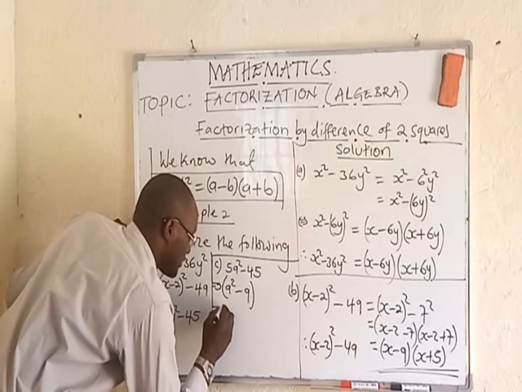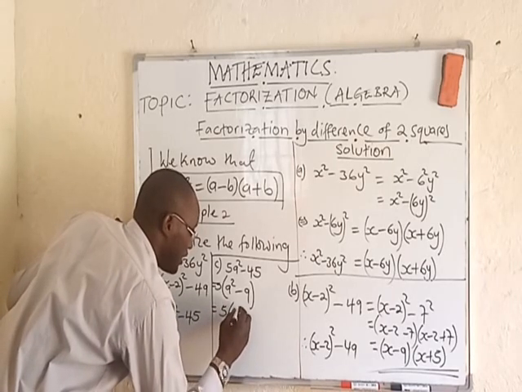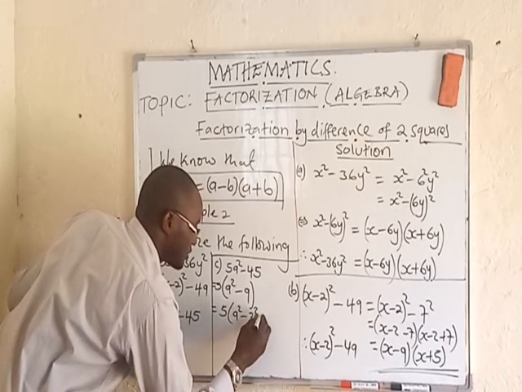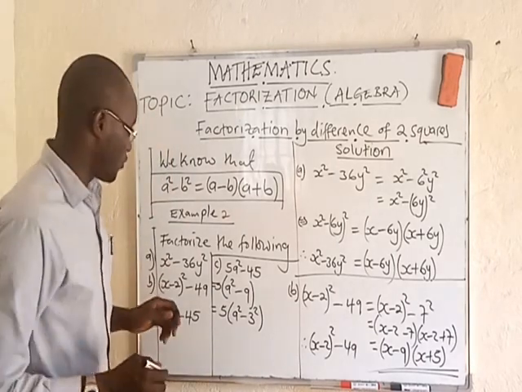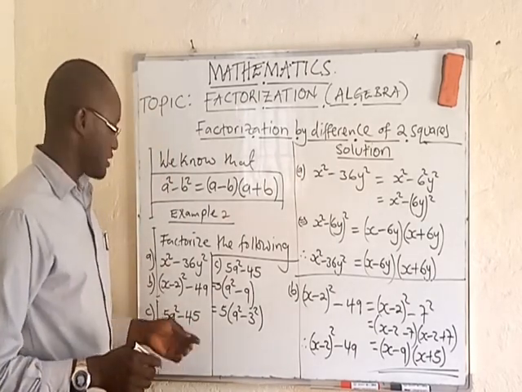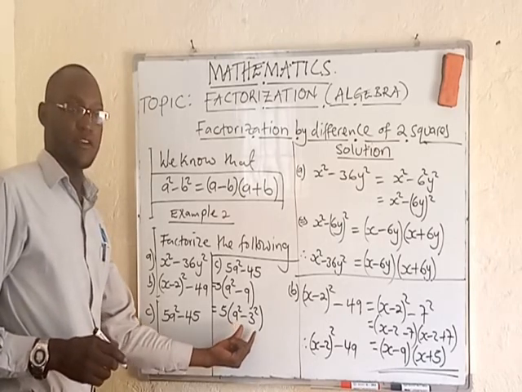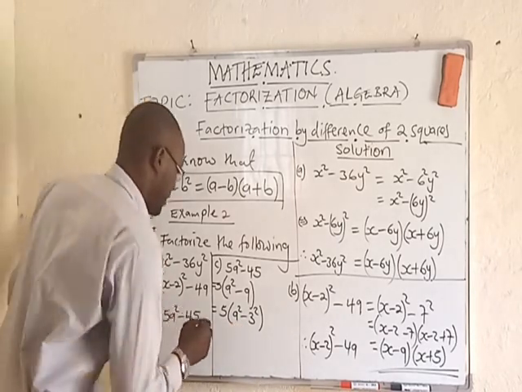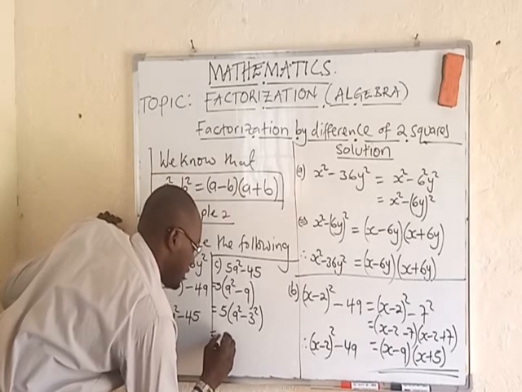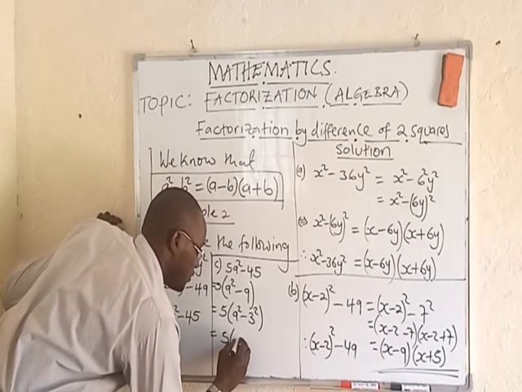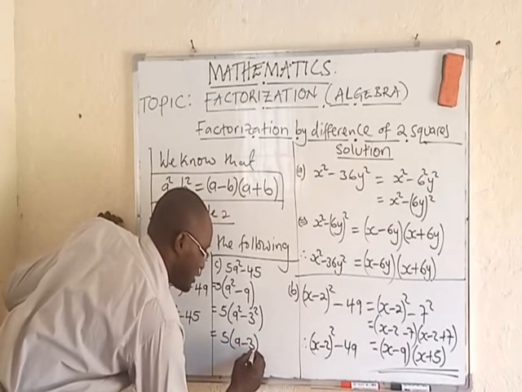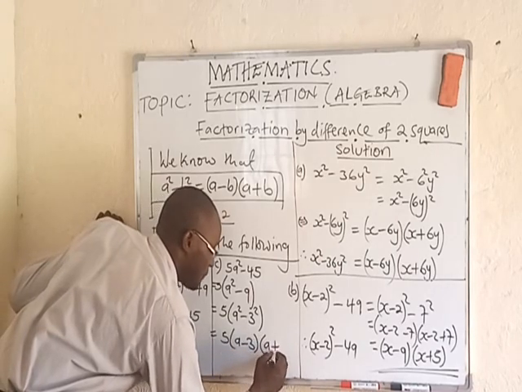So this is the same as 5 into a squared minus 3 squared. Beautiful. Then from this kind of arrangement, I can proceed to express this as a difference of two squares. So this will now become 5 into a minus 3, then into a plus 3.